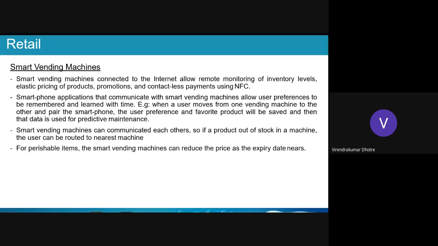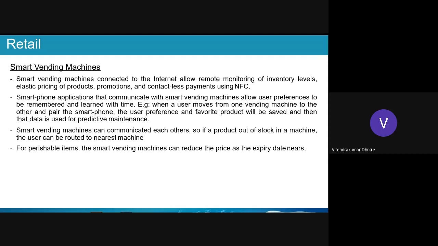Smart vending machines also communicate with each other. So if a product is out of stock in a particular machine, the user can be routed to the nearest machine. The user is informed that this stock is currently zero or empty, and you can go to the next machine where you can find this stock and purchase it.